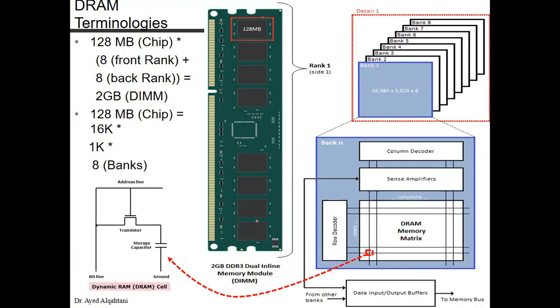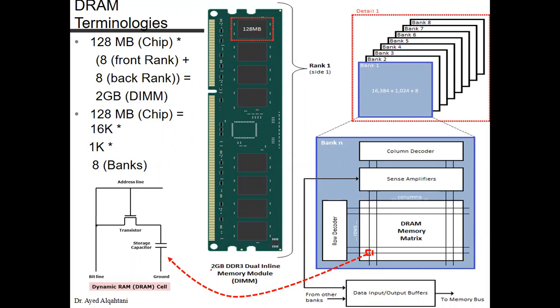It has 8 small chips, and each one of them is 128 megabyte. It also has another rank in the back. So we have 8 chips in the front in rank 1, or the front rank, and we have another 8 chips that you cannot see in the slide. It's in the back in rank 2 or the back rank.